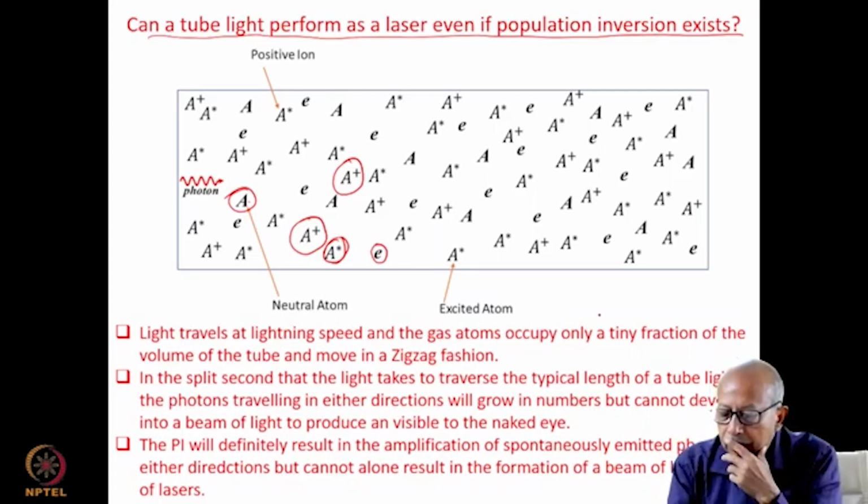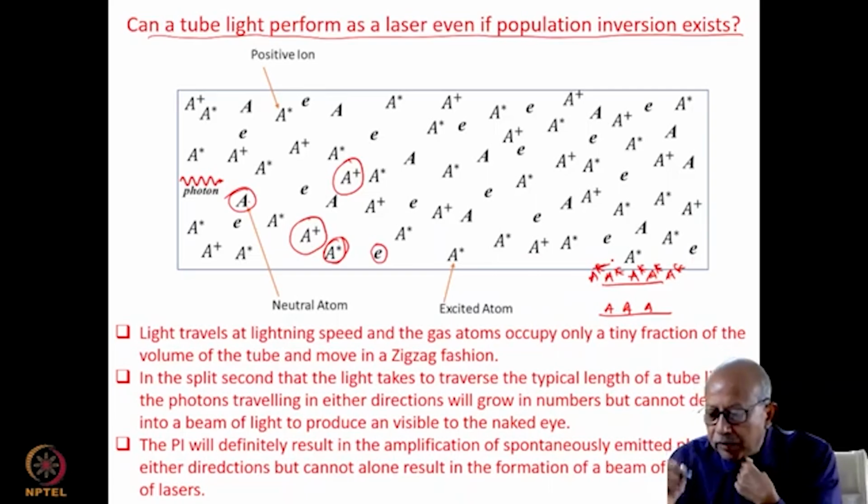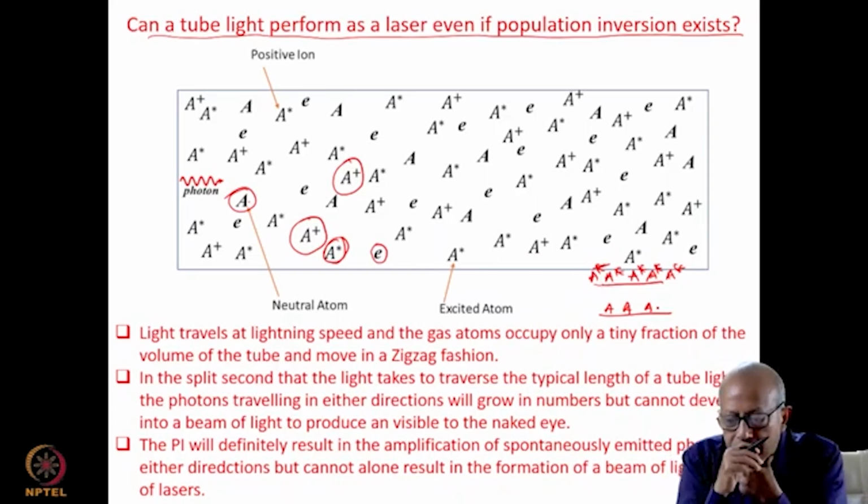That means, this is the ground state where we have neutral species. In the excited state, we have the neutral atoms in the excitation state. And we assume that population inversion exists. That means the number of atoms in the excited state exceeds that in the ground state.